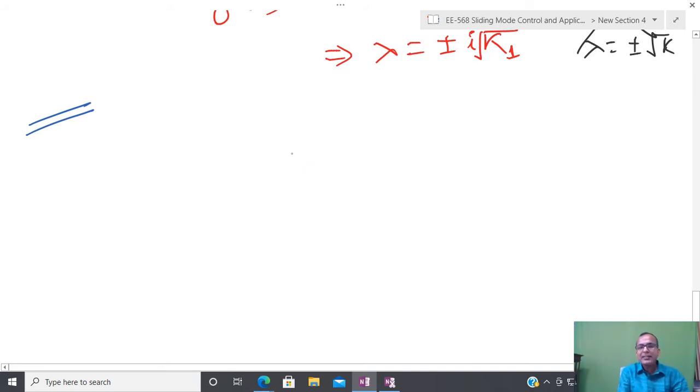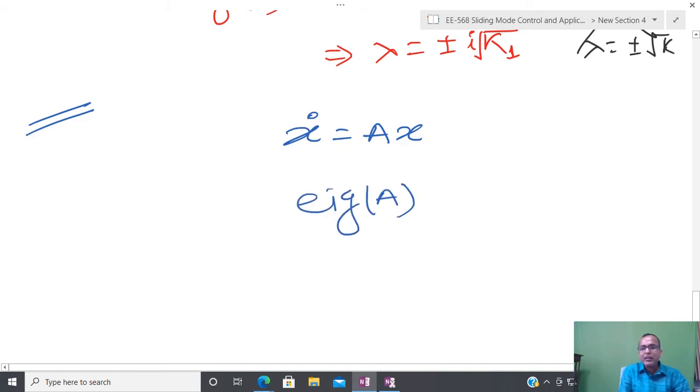I am going to select a very simple system, x dot equal to Ax, and I assume that the eigenvalues of A are of the form alpha plus minus j beta. Could you please tell me why I have written plus minus?